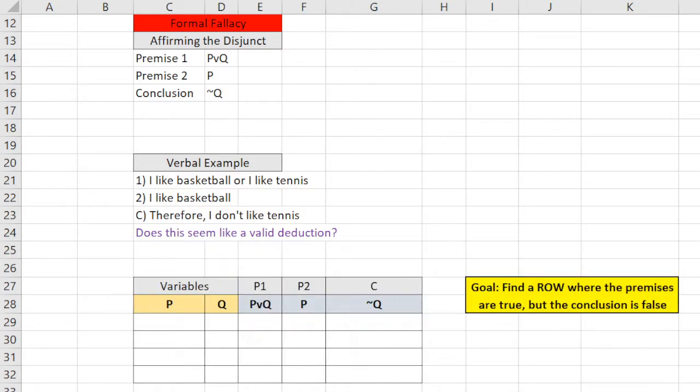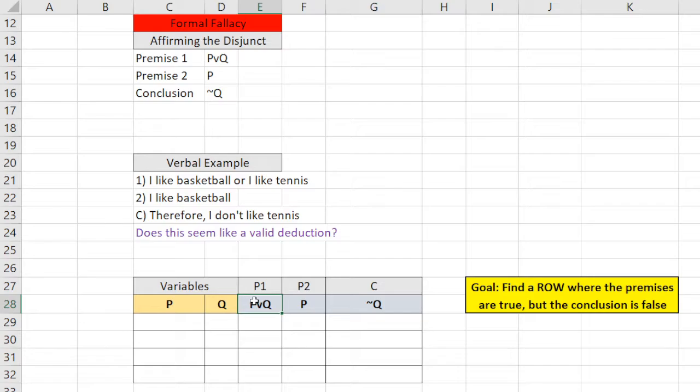And the goal of a truth table, in particular for invalidity, is to find a row where the premises are true, but the conclusion is false. Okay, so I set it up already. I first write the variables out. My variables are P and Q. They're just two variables.